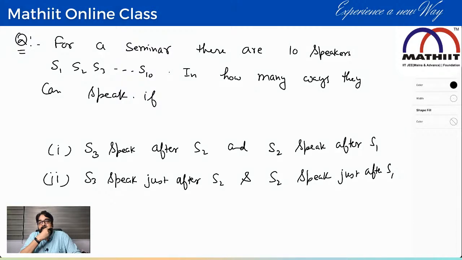Okay, somebody has given the answers. Sanju, I think you gave the wrong answer because you are treating both as the same question.